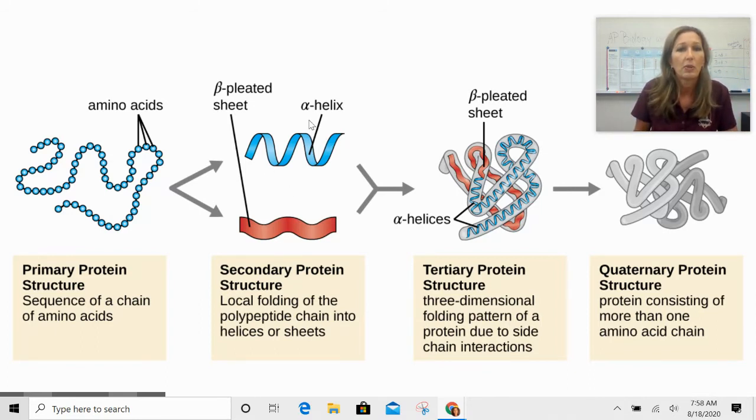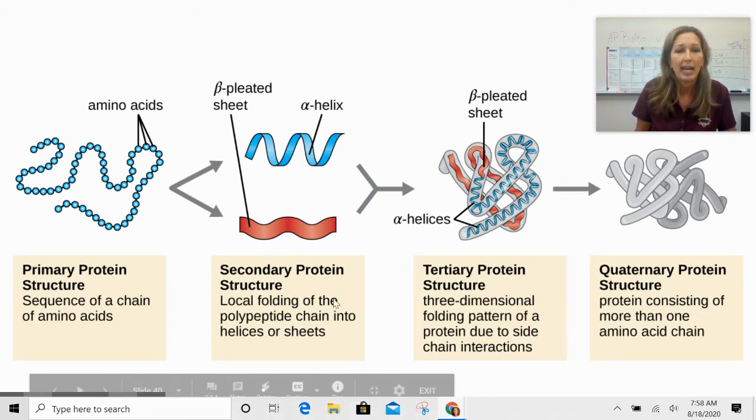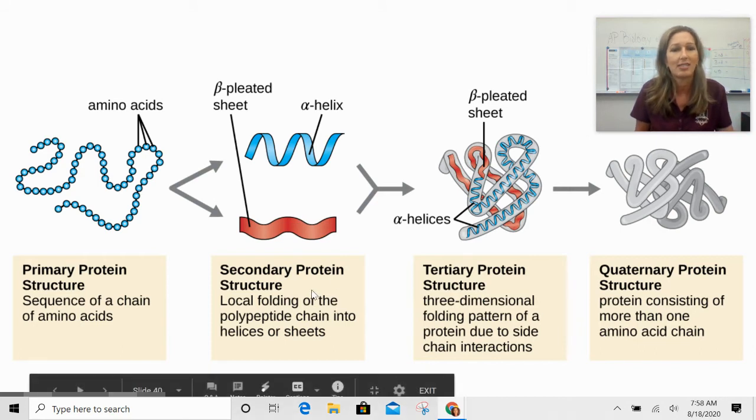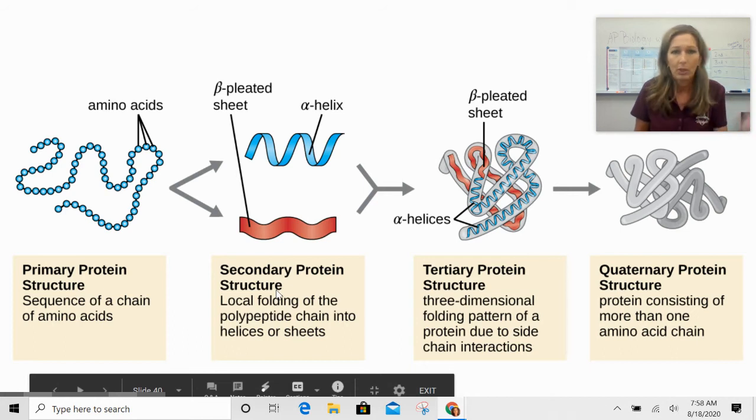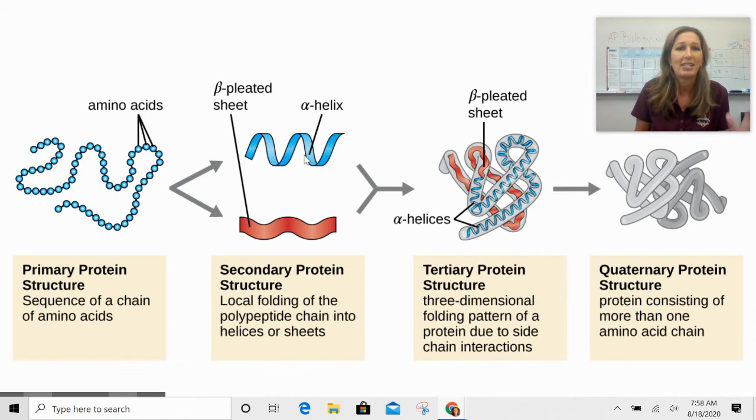This is referred to as an alpha helix or a beta pleated sheet. You just need to recognize that if we talk about an alpha helix or a beta pleated sheet, we are talking about those hydrogen bond interactions that lead to the secondary protein structure. All proteins are going to have a secondary protein structure, and most polypeptides have a combination of alpha helix and beta pleated sheet within that structure.